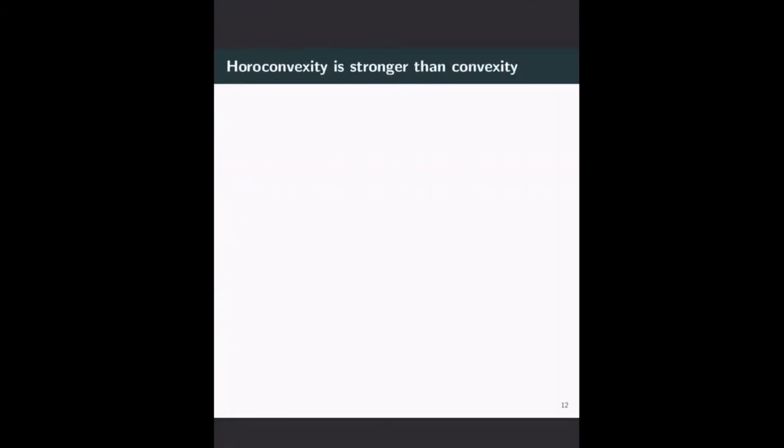Convexity, if you want to see it, so I just showed it to you. I forgot I had this thing here. So if I get 2 points, that would be a convex domain. And the horoconvex domain would have to be like this.